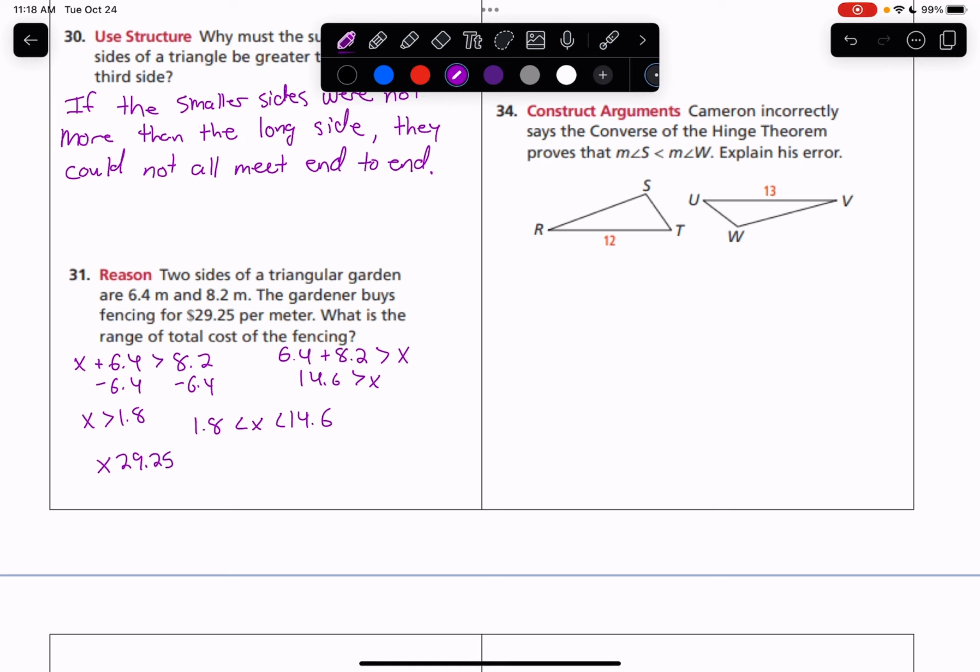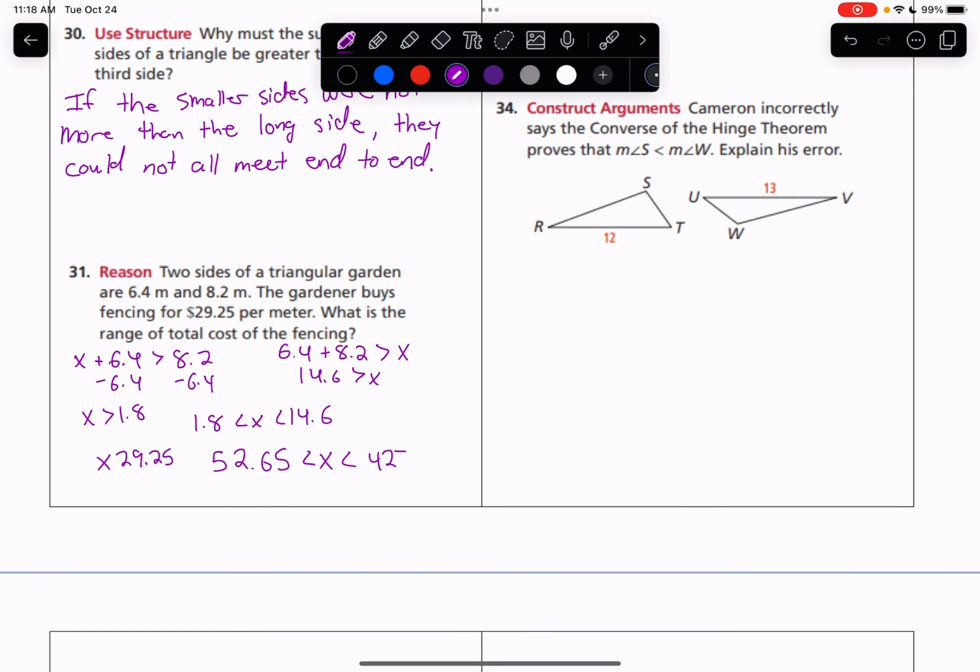So if I multiply both sides by 29.25, 1.8 times 29.25 is 52.65, is less than x is less than, and then 14.6 times 29.25 is 427.05. So that will be the range of the total cost. Ooh, it's not the range of the total cost. That is the range of the missing side.